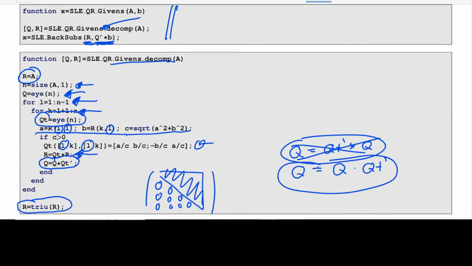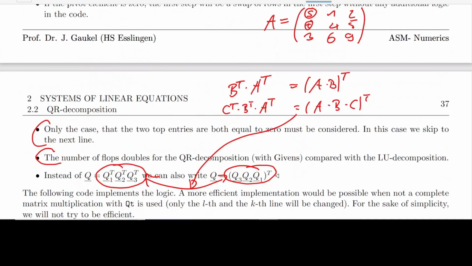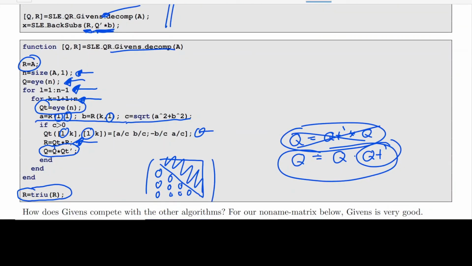Why? The new factors are on the right hand side, and that's what we can see here. The new Q is on the right hand side. So this is Givens.